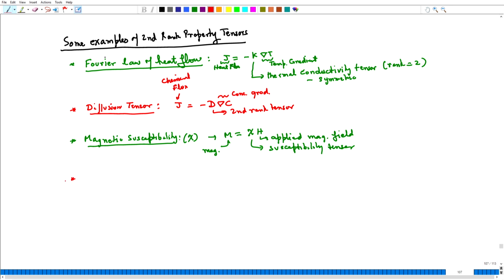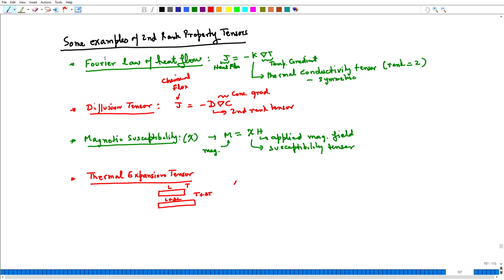Another example that I could take is a thermal expansion tensor. Here let's say there is a bar of length L, which is kept at a temperature T. Now, if the temperature is increased to T plus delta T, then the length of the bar goes from L to L plus delta L. So, there is a thermal expansion.